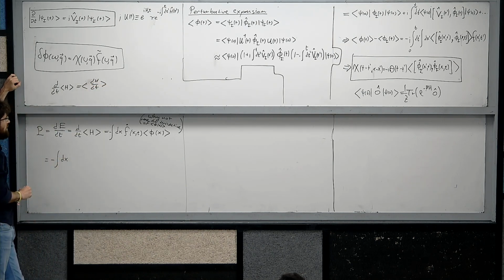What we wrote here is the expectation value of dH/dt. That's because H commutes with itself, and then I can use the first theorem.